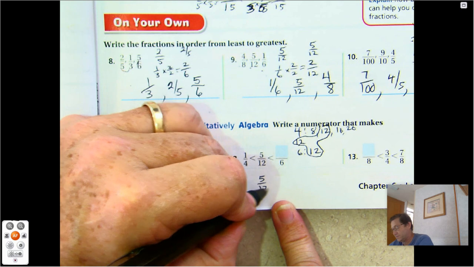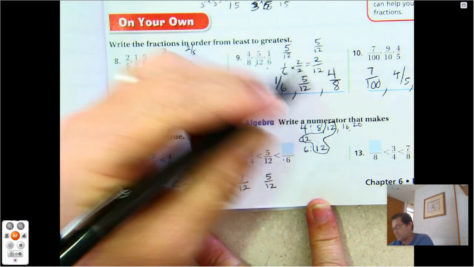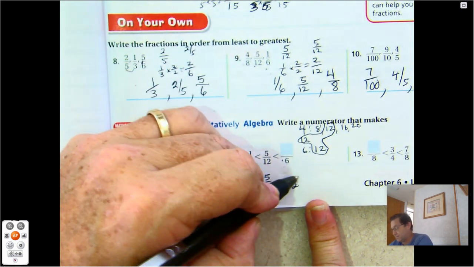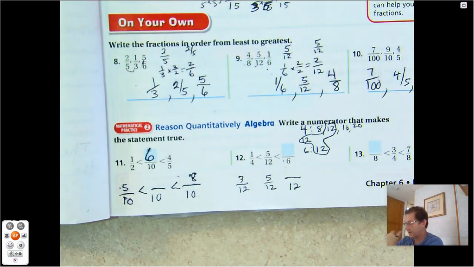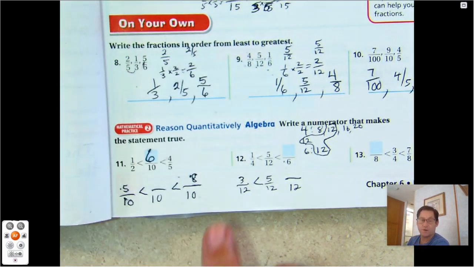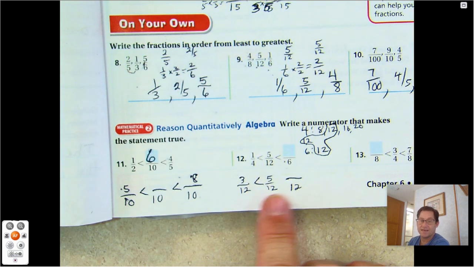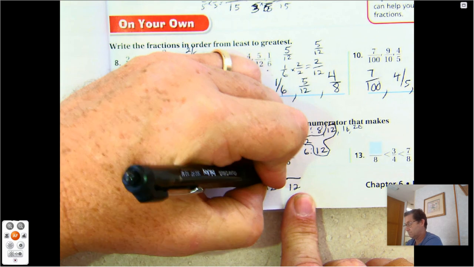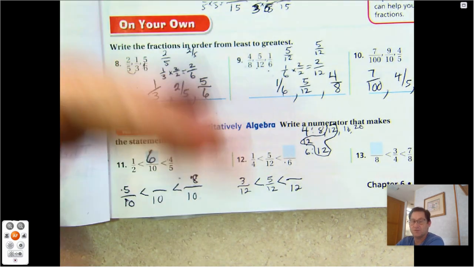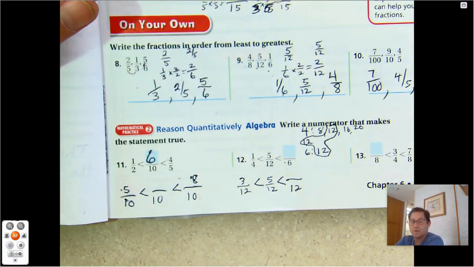Multiply the 6 by 2 to make that 12ths. So 3/12 is less than 5/12, which is less than 6/12, 7/12, 8/12. So let's make it 3.